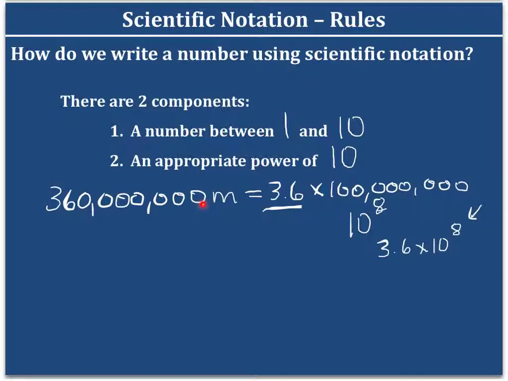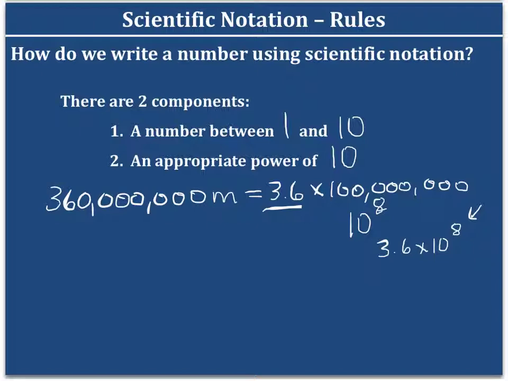So we're going to go 1, 2, 3, 4, 5, 6, 7, 8. We moved that decimal place 8 spots, got a number 3.6, and then what does that 8 tell us? Well, it tells us the exponent. So it's just a quicker way to figure out your number in scientific notation.